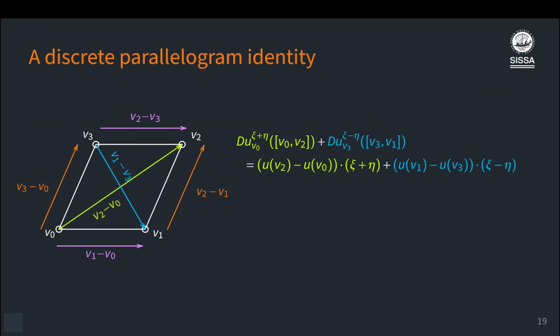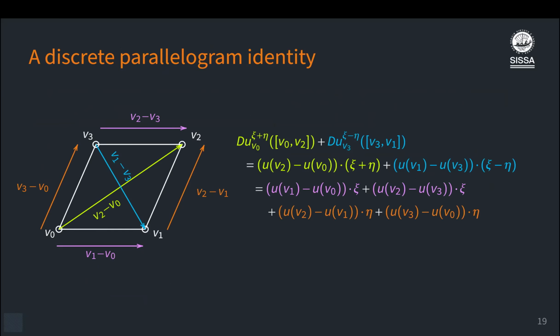Then I rearrange the terms, and what I obtain are sums of two contributions parallel with psi, and two terms parallel to eta. Then I can reuse the fundamental theorem of calculus once again, and I obtain what I want: two contributions related to psi, two contributions related to eta, just shifted by one side.